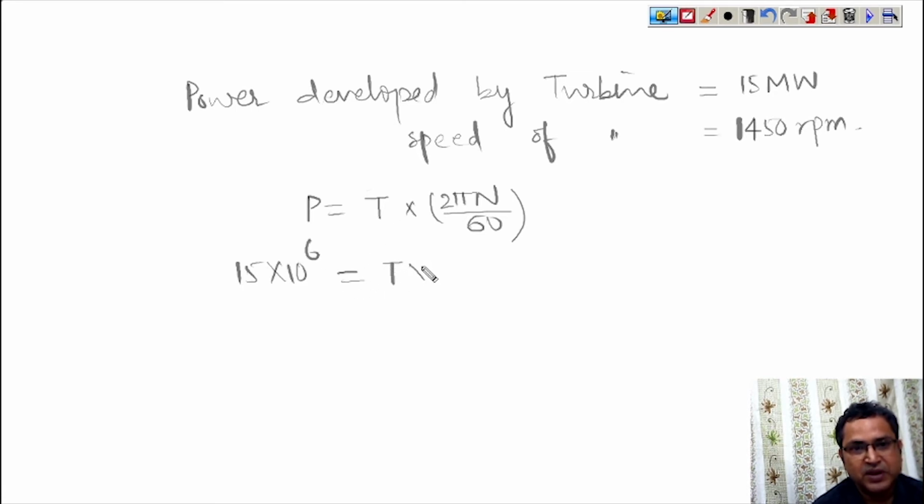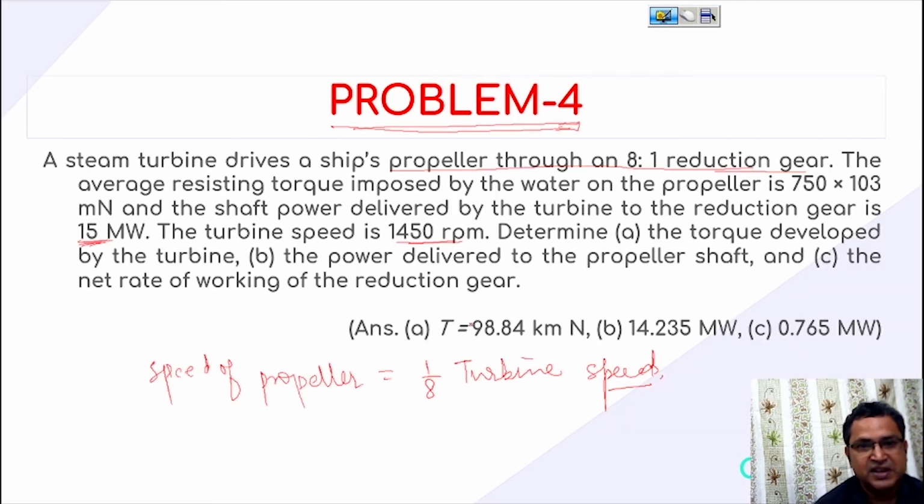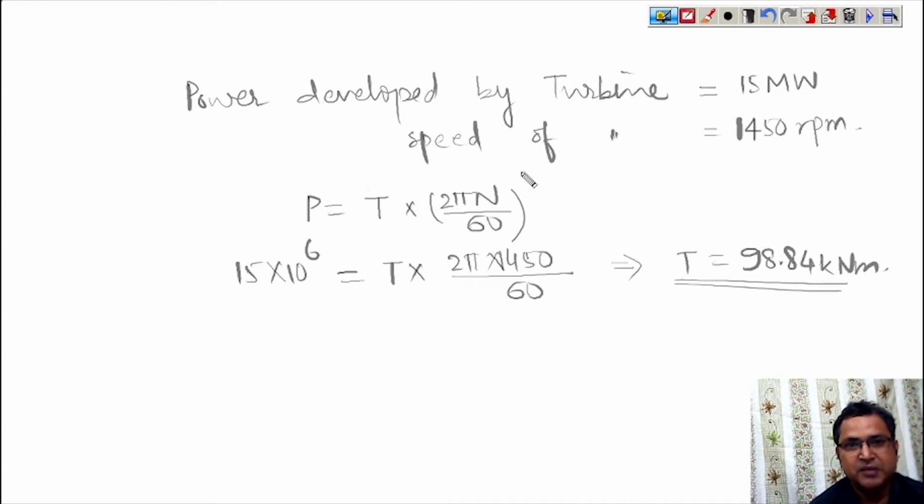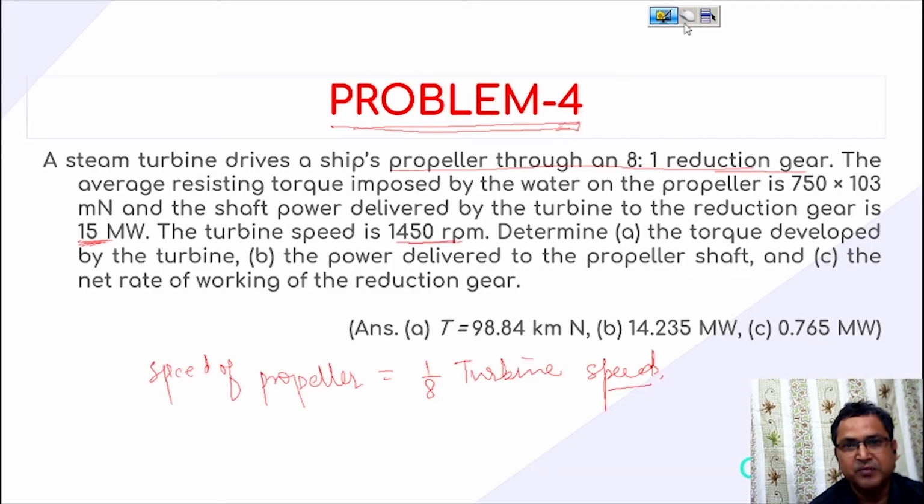Torque we have to calculate, 2 pi n is 1450 divided by 60. Once you calculate the value of T, you will get 98.84 kilonewton meter. So this much torque is being developed by the turbine.